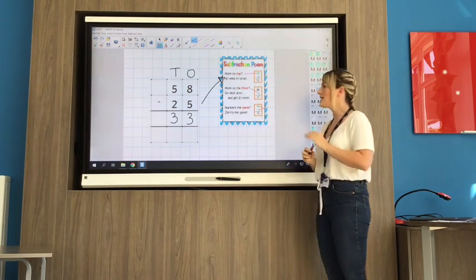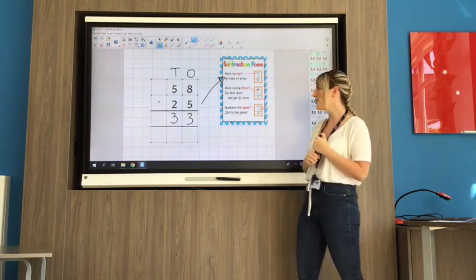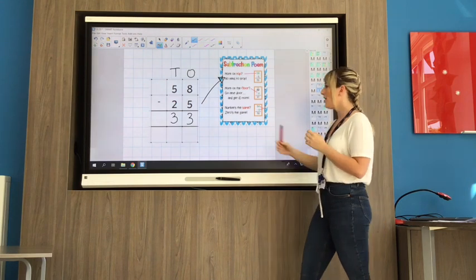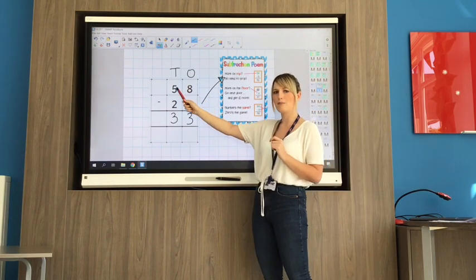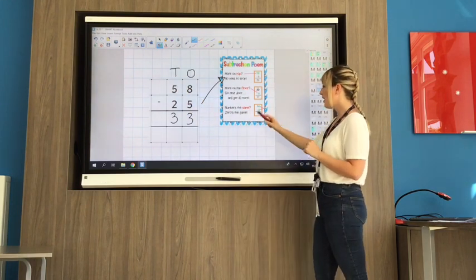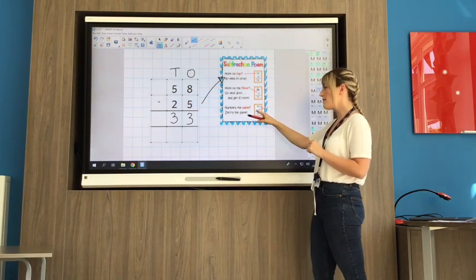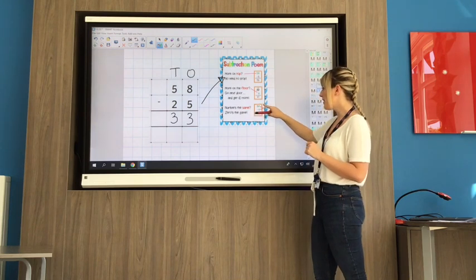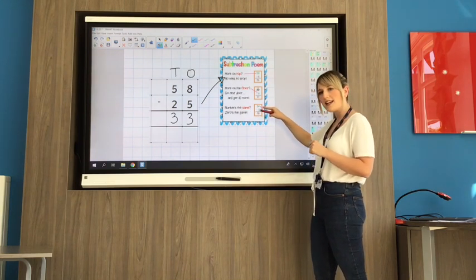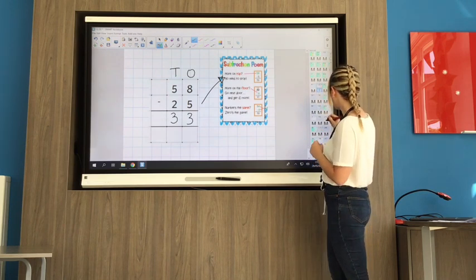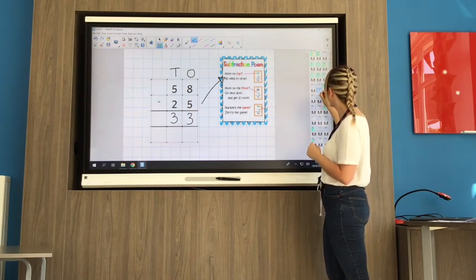The next one says, more on the floor, go next door and get 10 more. Okay, so if this number was bigger, I'd then have to think about borrowing, and we'll come on to that. This one says, numbers the same, zero's the game. So here I've got 58, subtract 8. So 8 subtract 8 is 0. We'll think about that as we move on.